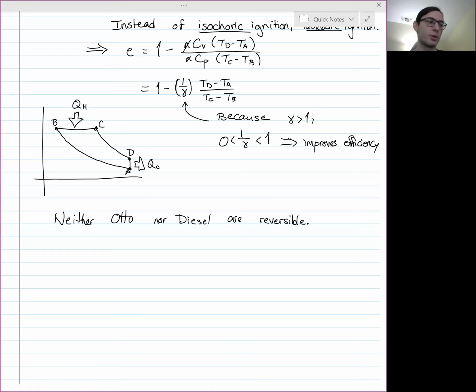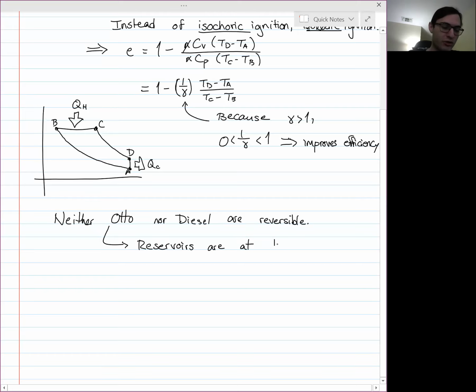That's certainly an irreversible process, but these are also irreversible. And the reason for this is that the reservoirs are at different temperatures from the temperature within the engine.